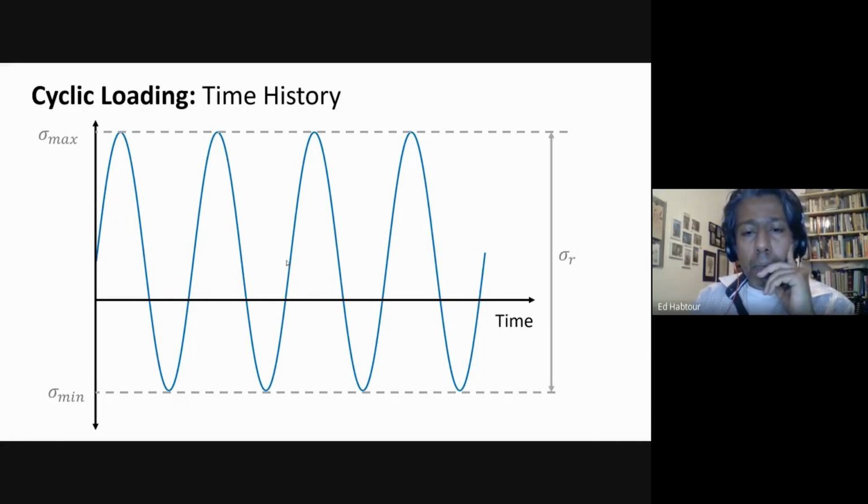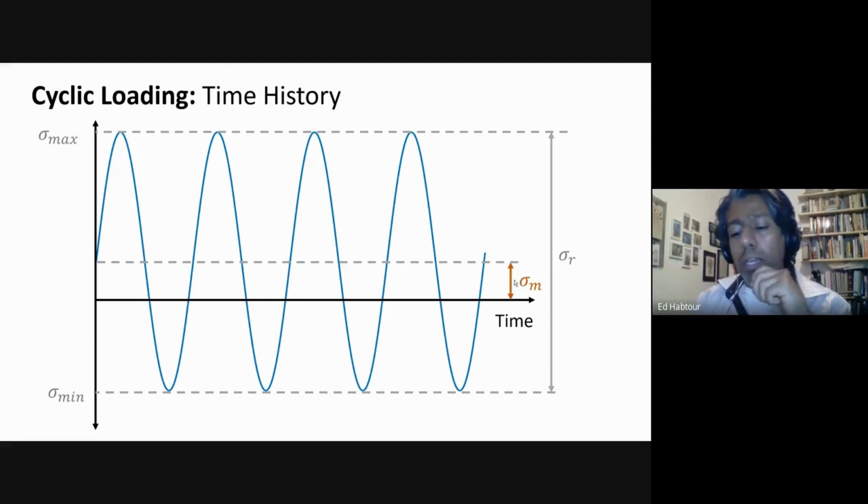And we want to also know the range. In some textbooks, they call this delta sigma. I call it delta R, where the R stands for range. And we want to know the mean. And we'll see why we need the mean very shortly.